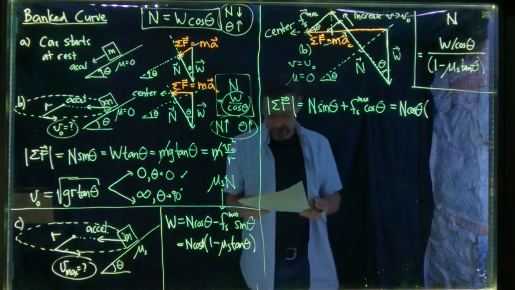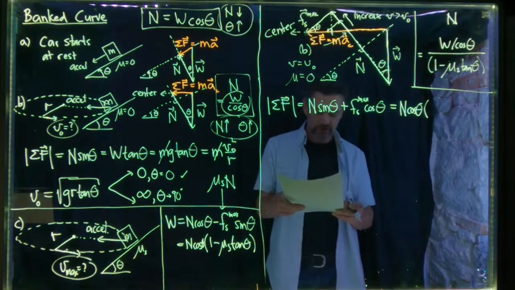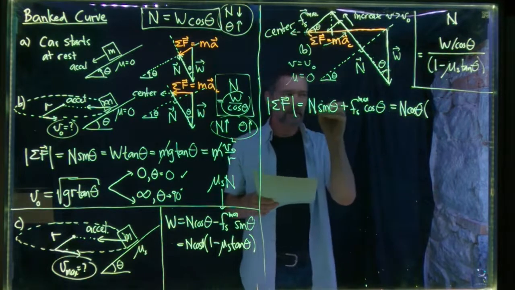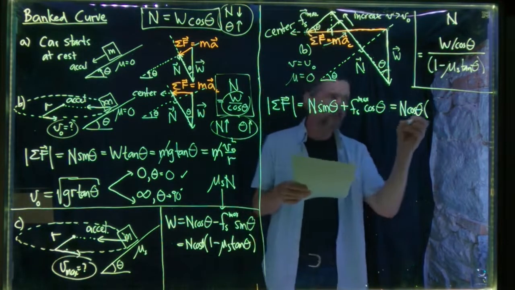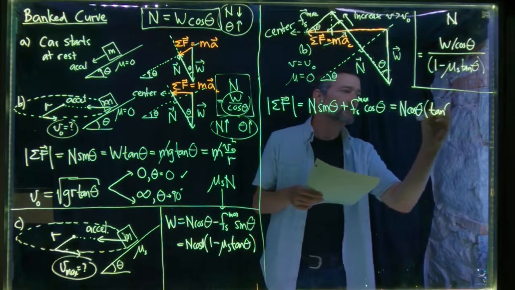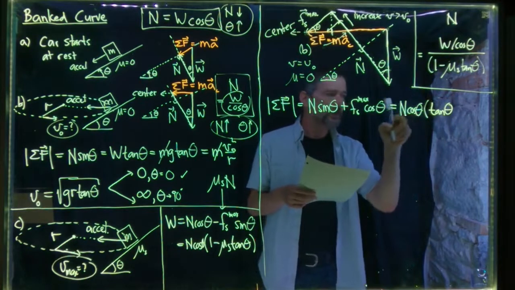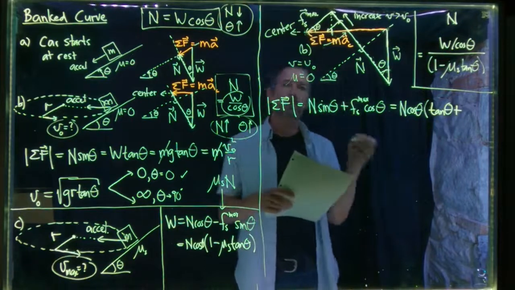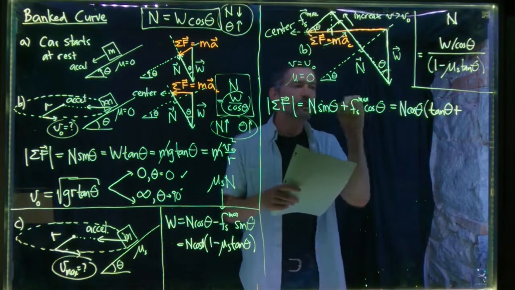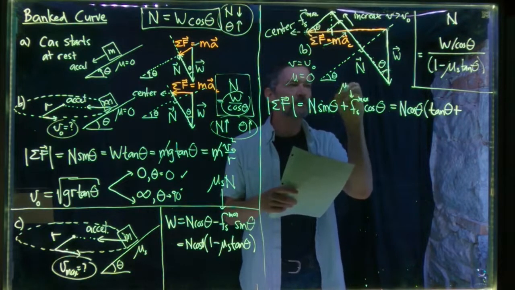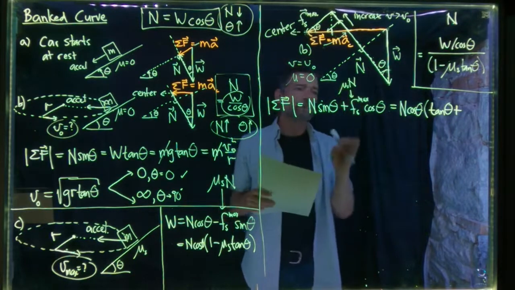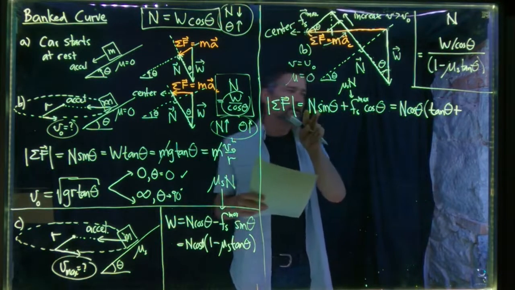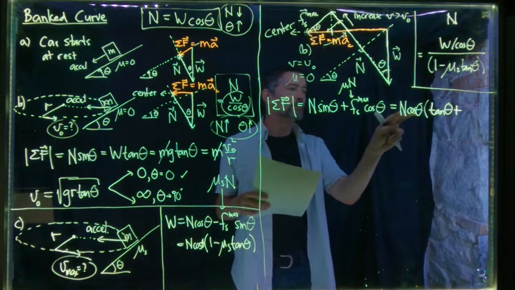As you get more experience with these problems, you'll want to factor out n cos theta. To convert an n cos theta to an n sine theta, I have to multiply by tangent of theta. Sine over cos times cos is sine. This is n sine theta, what I've written down. Plus, remember that we don't have a formula for Fs, but we do have a formula for Fs max, and it's equal to mu s times the normal. So here we have a normal times mu s cos.